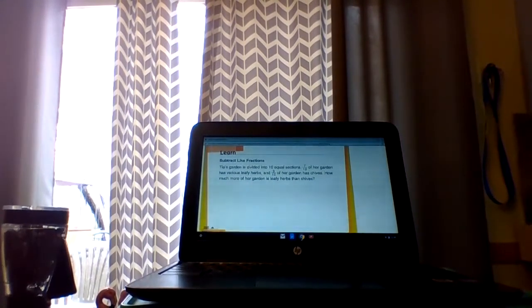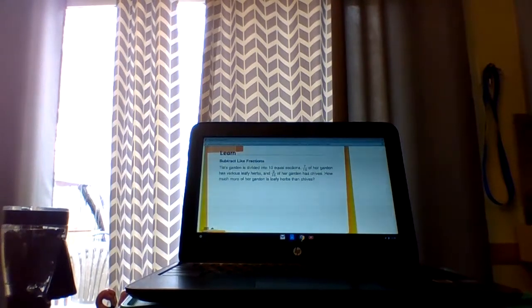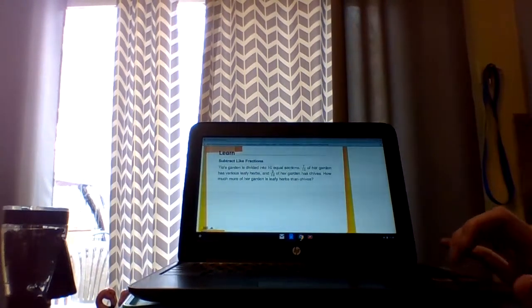So, Tia's garden is divided into 10 equal sections. 7/10 of her garden has various leafy herbs, and 3/10 of her garden has chives. How much more of her garden is leafy herbs than chives? All right, what problem do we see here? I see 7/10 and 3/10.